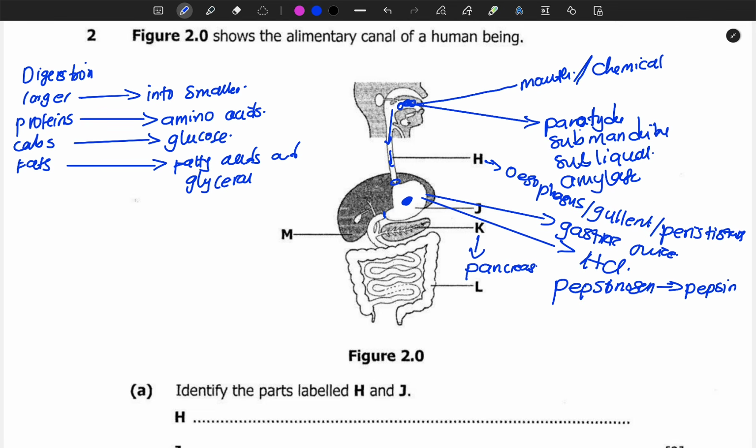Then the second one, it also plays a role in the endocrine system because it has islets of Langerhans that contain cells like alpha and beta. Then these cells are responsible for producing hormones such as insulin. So the insulin converts the excess glucose into its storage form known as glycogen when there is too much.